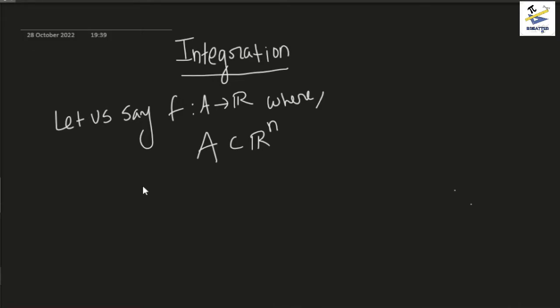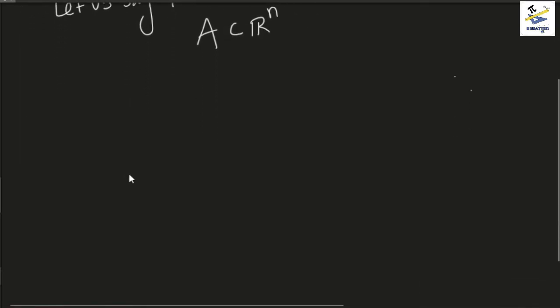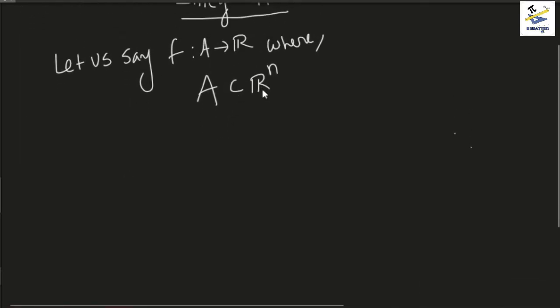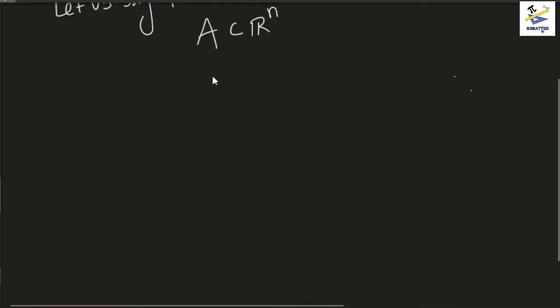Now recall that in single variable calculus, let us not worry for a second that A is literally an R to the power n subset, but just consider it as a subset, and we are trying to reciprocate what we do in single variable calculus.